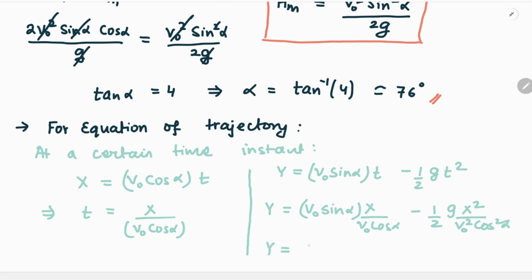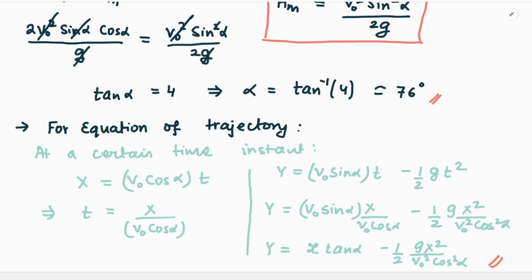So we get the final answer y equals x tan alpha minus half g x square upon v naught square cos square alpha. So this is the final part of the problem, where it is asking us to find the equation of trajectory.